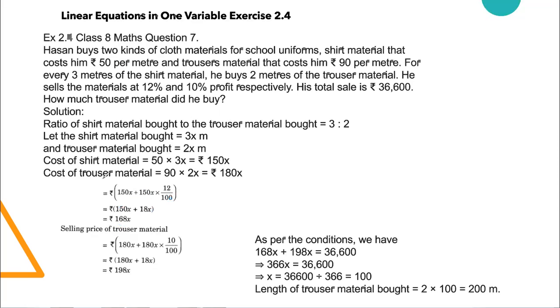Now let's find it out for the trouser material. For the trouser material, what was the cost that he bought for? That was 180x. So that 180x again, he is going to sell it for 10% profit. So 10% profit is nothing but 10 by 100.